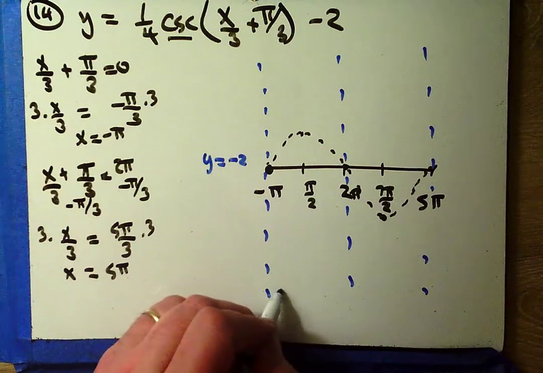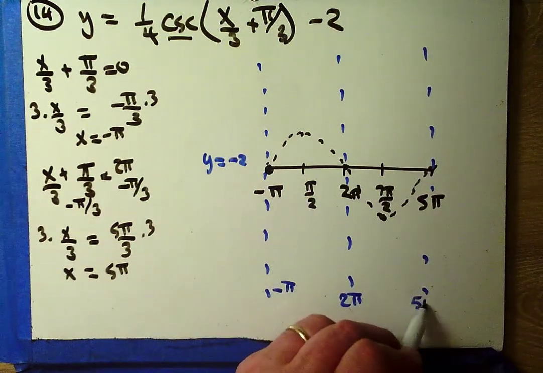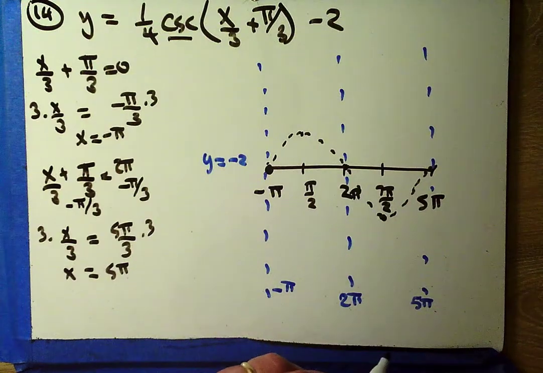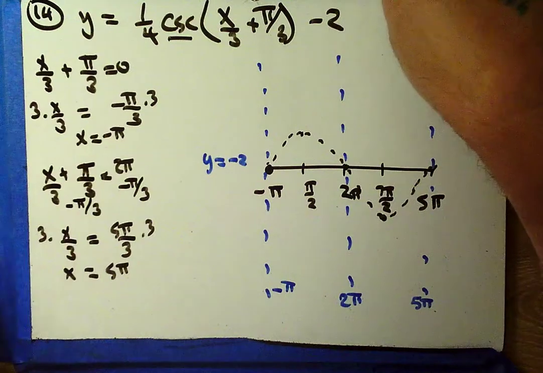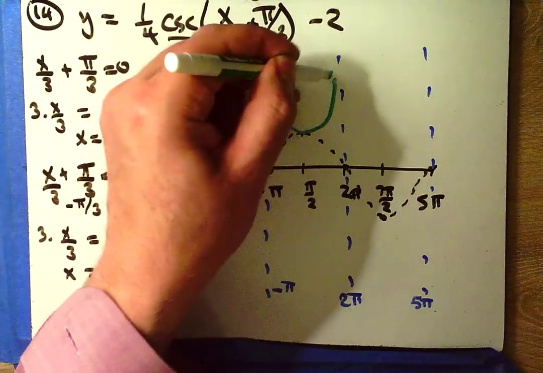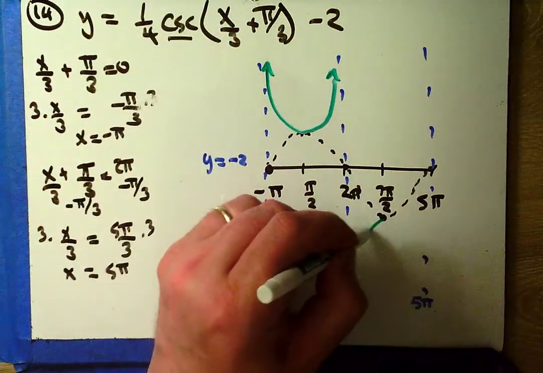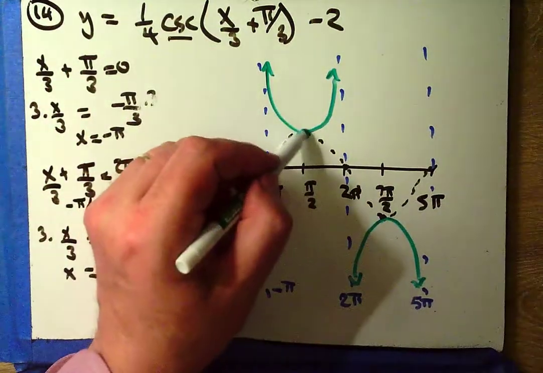And so we have vertical asymptotes at negative pi, at 2 pi, and at 5 pi. We still need to sketch in our cosecant graph. Remember to bend to those asymptotes. And label these points.